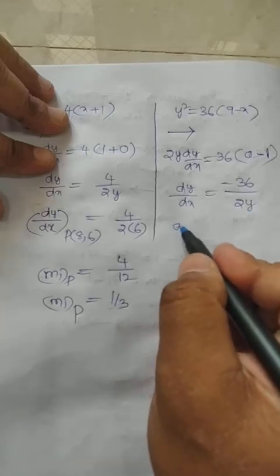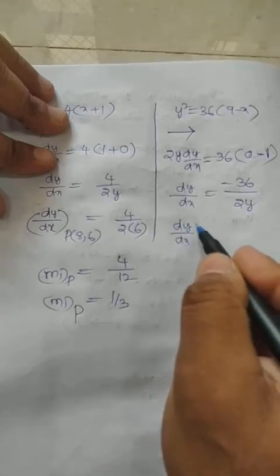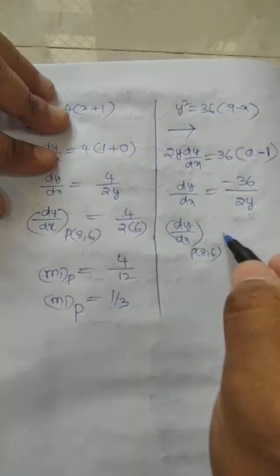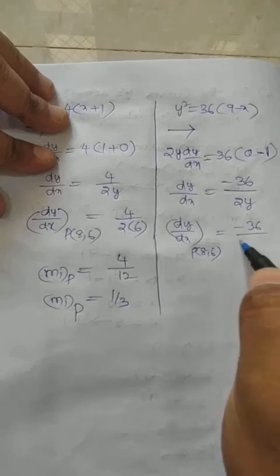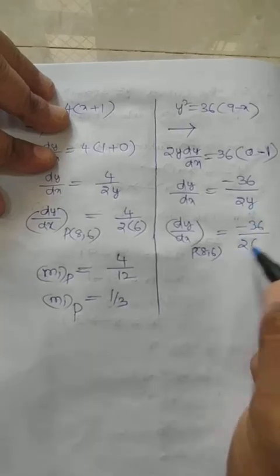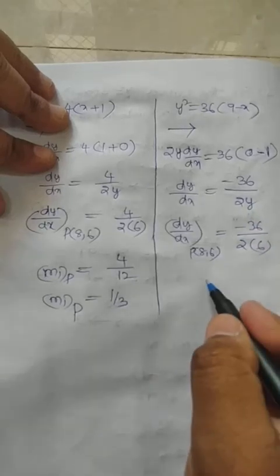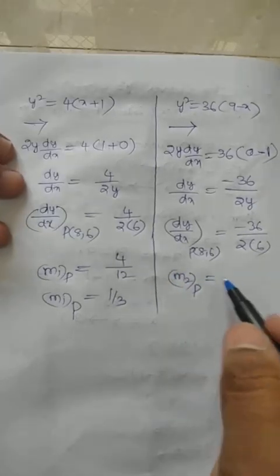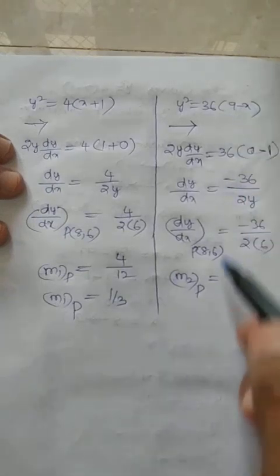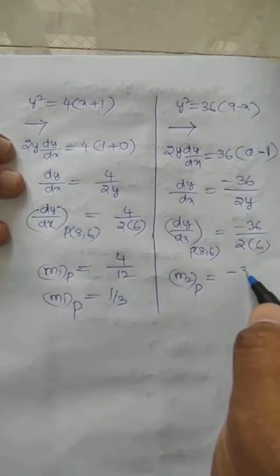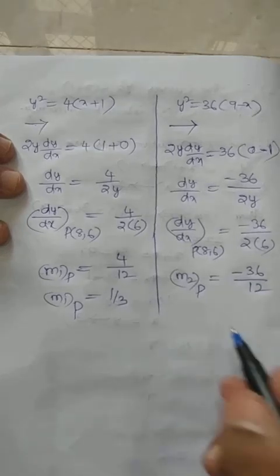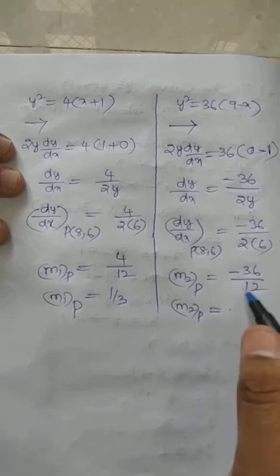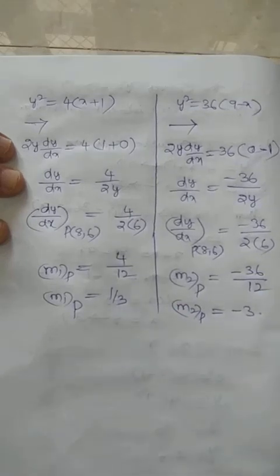In the same manner, dy by dx at the point P of 8 comma 6 is minus 36 by 2 into 6, substituting the y coordinate. I am replacing it by m2 at P, which is the slope of the tangent line to this curve at the point P. So 36 by 12, 12 3s are 36, so m2 at P is minus 3.